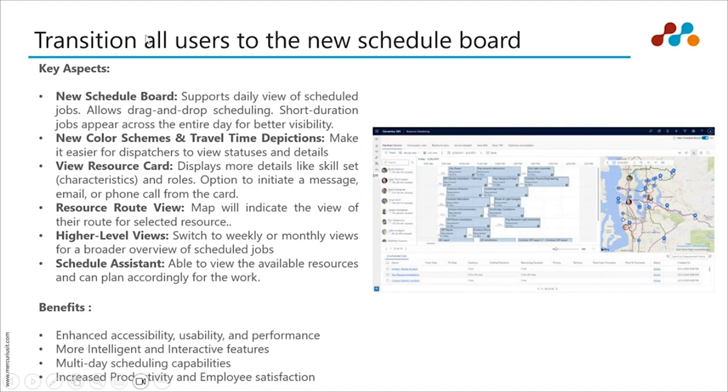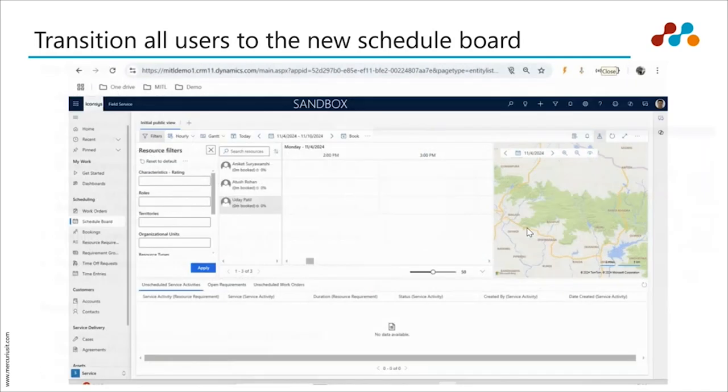But if we talk about this particular feature, earlier there was a toggle button on the schedule board, whether we want to use the new schedule board or just use the older one. There is a toggle button over here in order to switch between the two versions. But with this new update, that toggle button is removed and the old schedule board is fully deprecated.